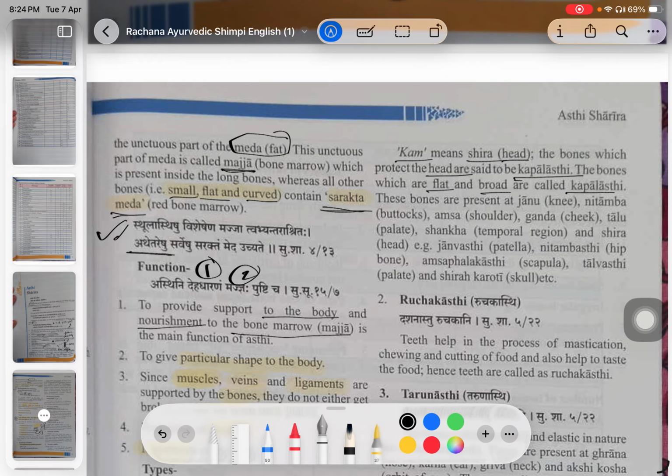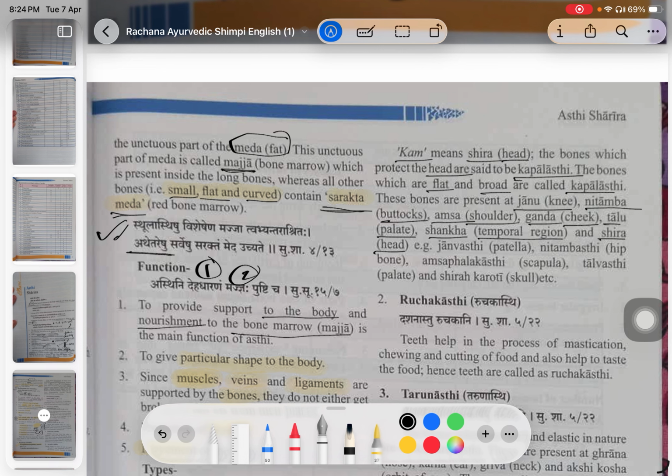These bones are present in Janu, like patella, Nitamb, like the hip bones, ilium, ischium, and pubis. Ans, that is shoulder, we have scapula. Gand, cheek, zygomatic bone. Talu, we have palate. Shankh, we have the temporal region, the squamous part of temporal bone.